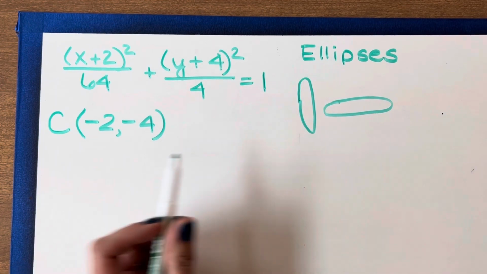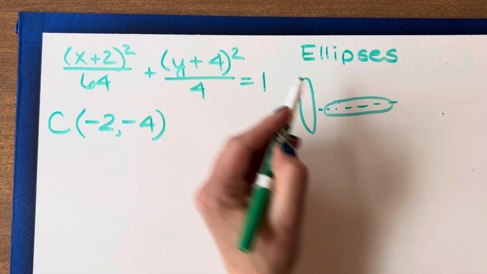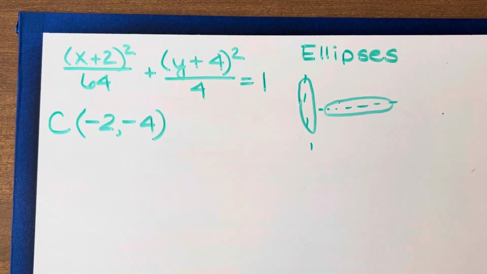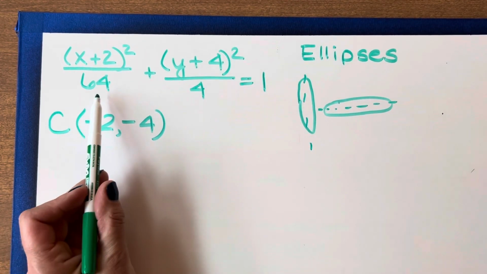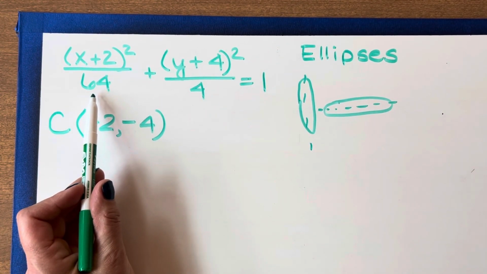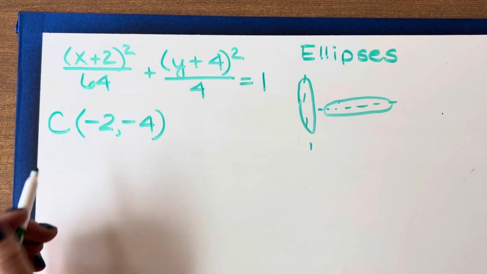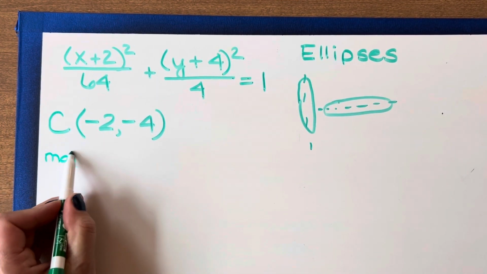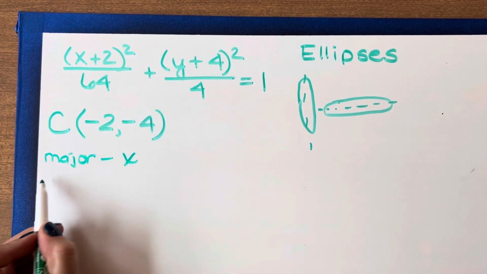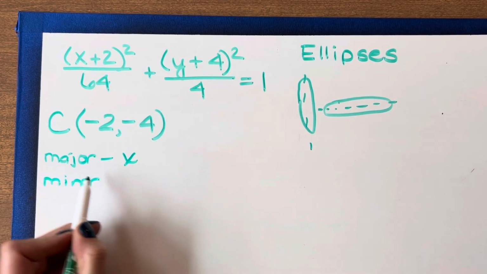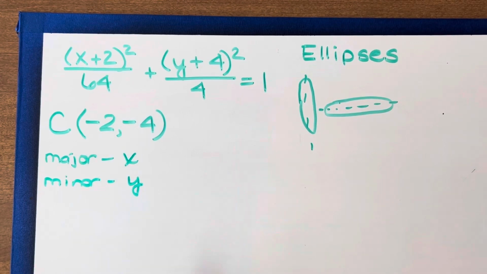The major axis is the one that is the longer of the two. And for an ellipse, whichever fraction has the larger denominator, the variable above that, that's your major axis. So in this case, our major axis is x. That means our minor or shorter axis is y.